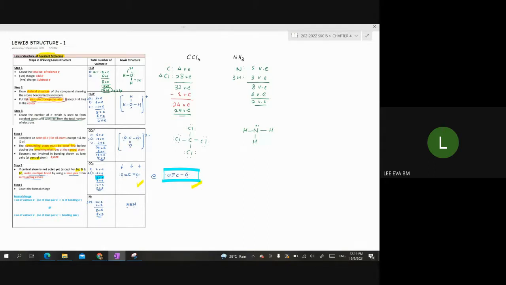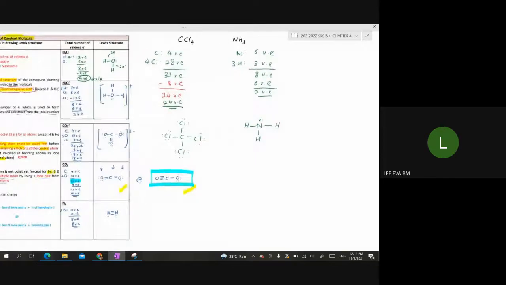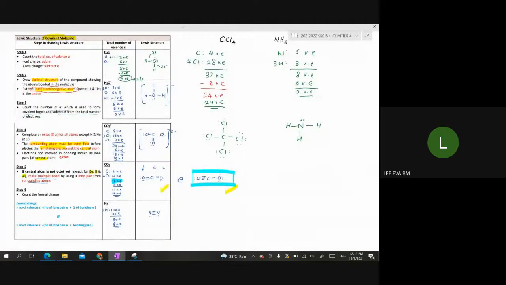Alright. So, any questions until this part? Jangan skip step. Step 1, 2, 3, 4, 5 semua kena ikut. Okay, so any questions before Madam proceed?